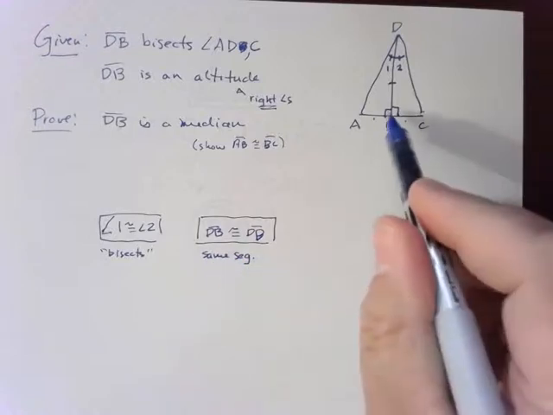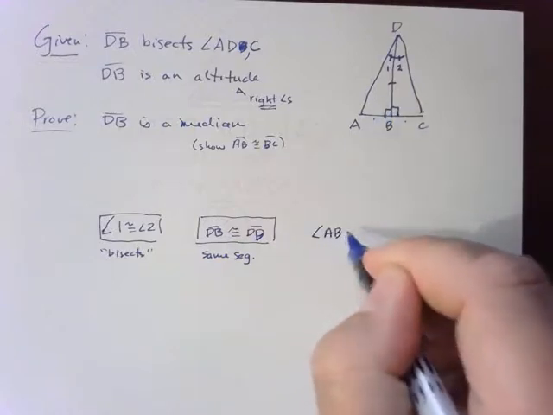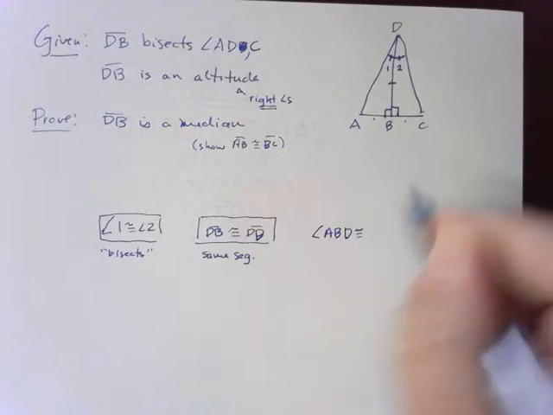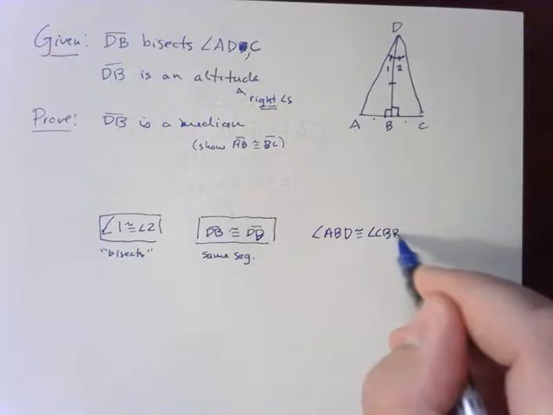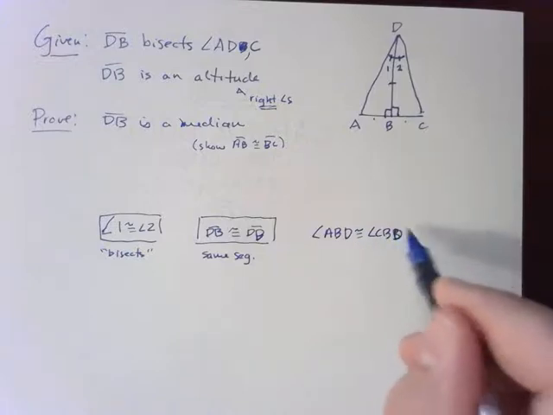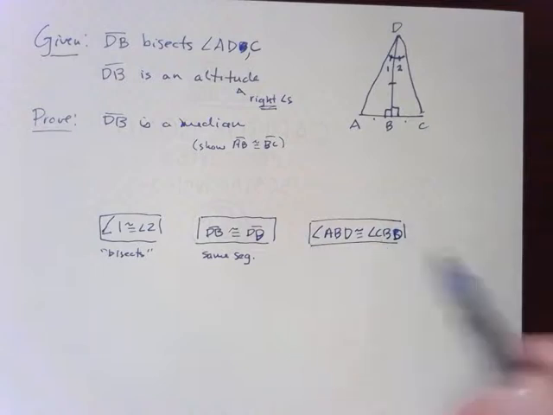And then I have this angle down here, angle ABD, one of the right angles, is congruent to the other right angle on the other side, angle CBD. I can't write given because this is not a quote from the givens.